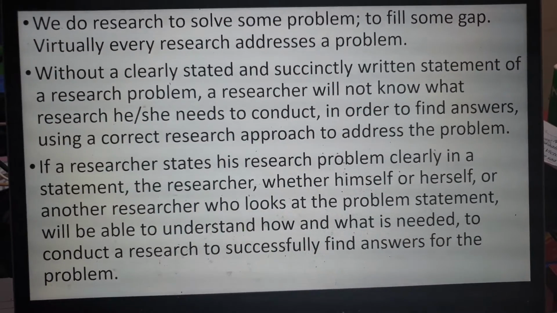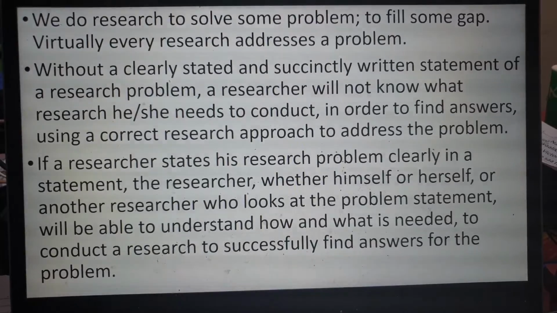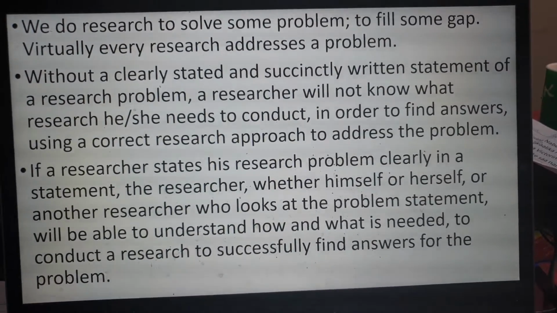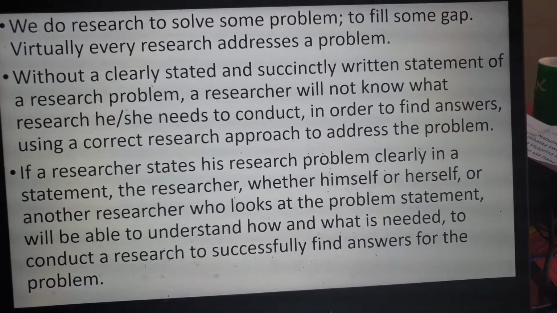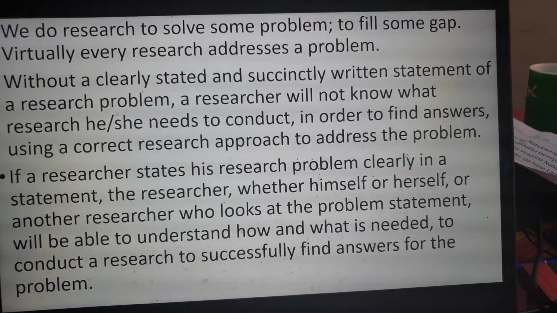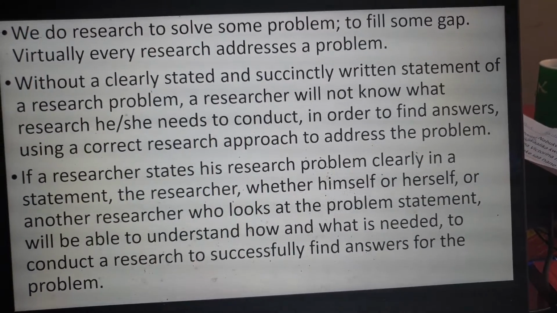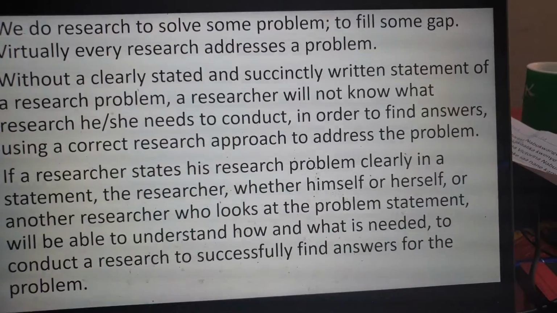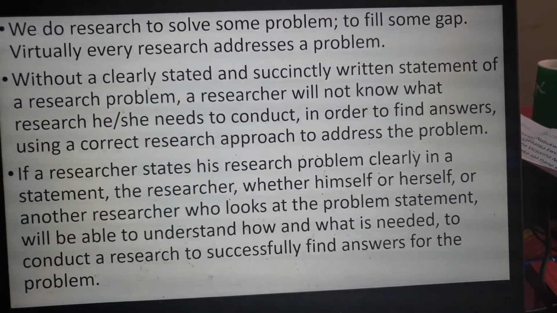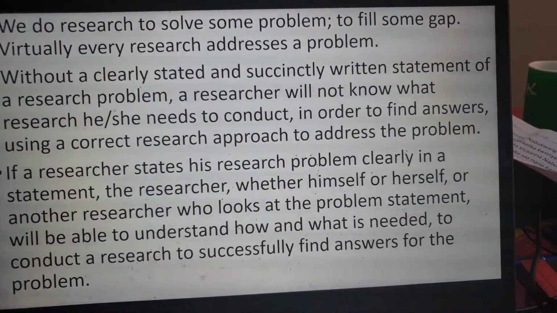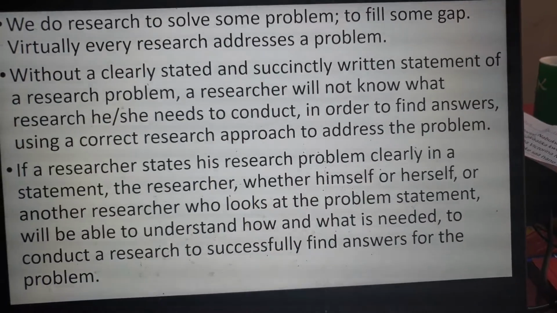Now, without a clearly stated and succinctly written statement of a research problem, a researcher will not know what research he or she needs to conduct in order to find answers using a correct research approach to address the problem.